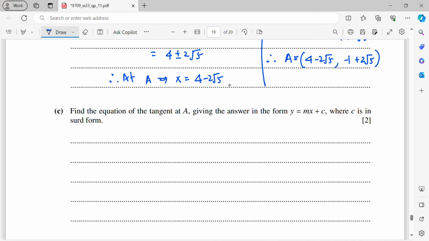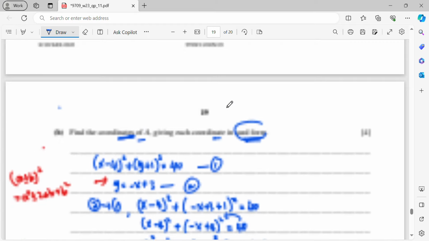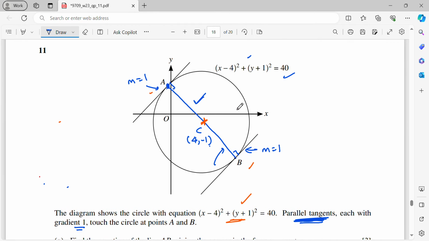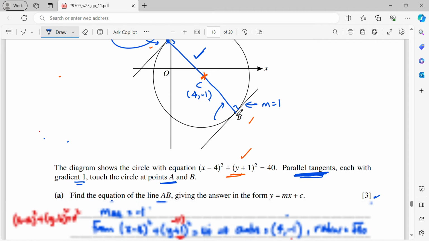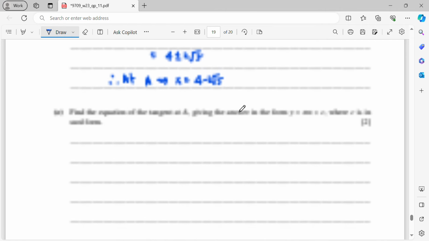Now C, find the equation of the tangent at A, giving your answer in y equals to mx plus c, where c is in surd form. Since we have found A, with coordinates (4 minus 2 root 5, minus 1 plus 2 root 5), now I need to find the equation of the tangent at A. That means the gradient of the tangent is 1, so m is 1.